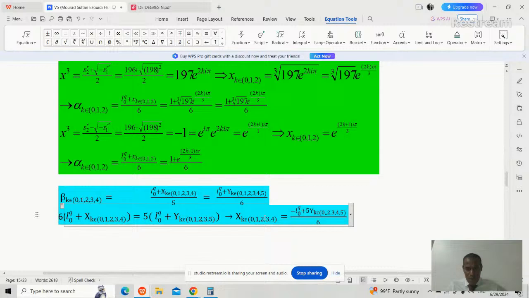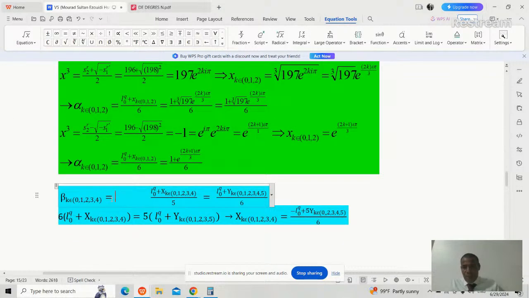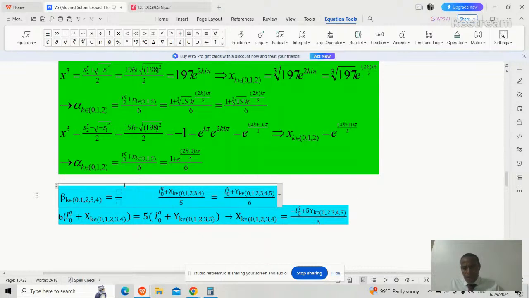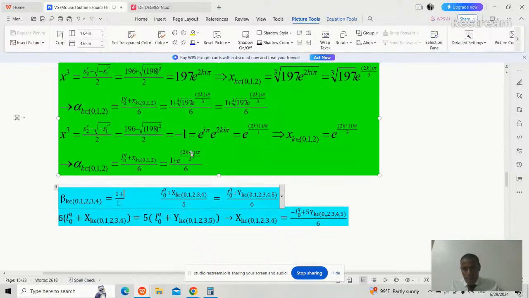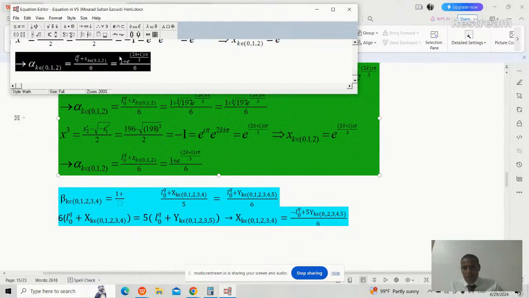I will just continue now. Alpha or beta, as you like. I will write here beta equals a fraction. We said it is 1 plus exponential. I will take this one, copy.